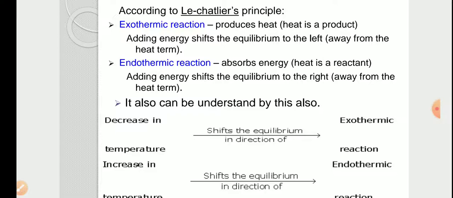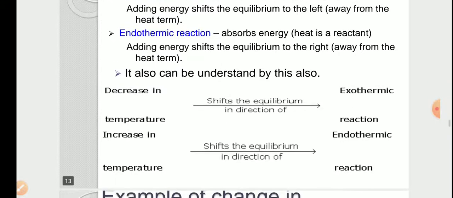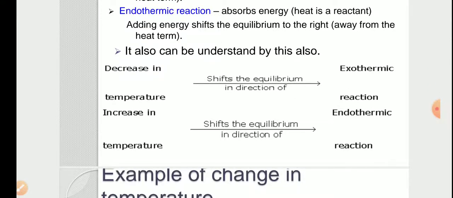In an endothermic reaction, heat is required, so if you increase the temperature, you are supplying heat, and the reaction will go in the forward direction. But if you perform it at a lower temperature, then the backward reaction will be predominant.